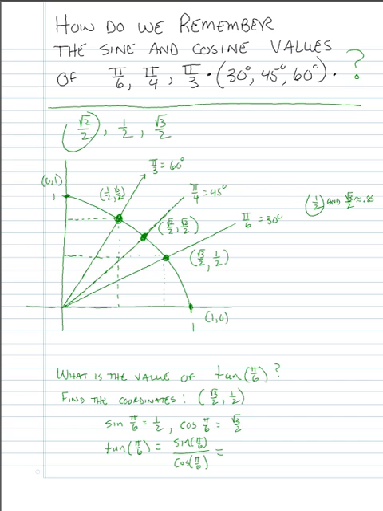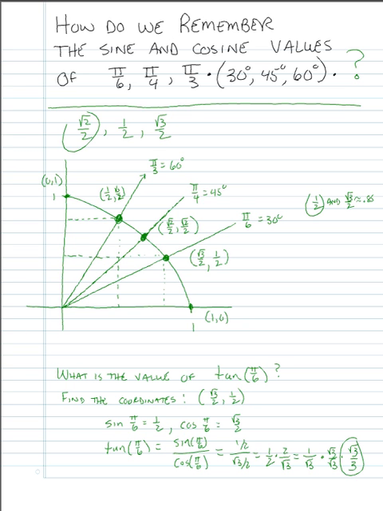So when we invert and multiply by the reciprocal, we have 1/2 times 2 over the square root of 3, and that's 1 over the square root of 3. Well, I guess I'll show it: we rationalize that, and we get the square root of 3 over 3.